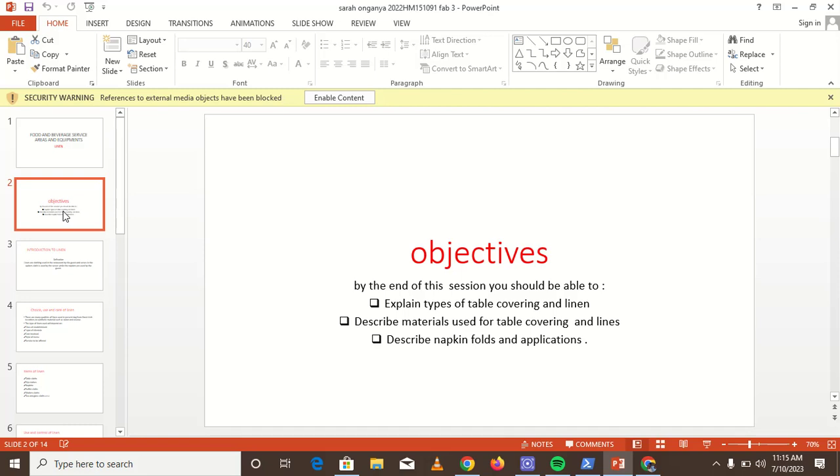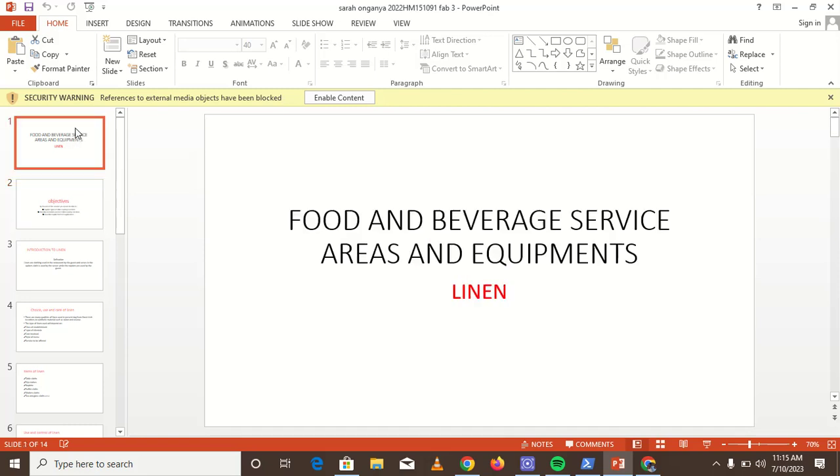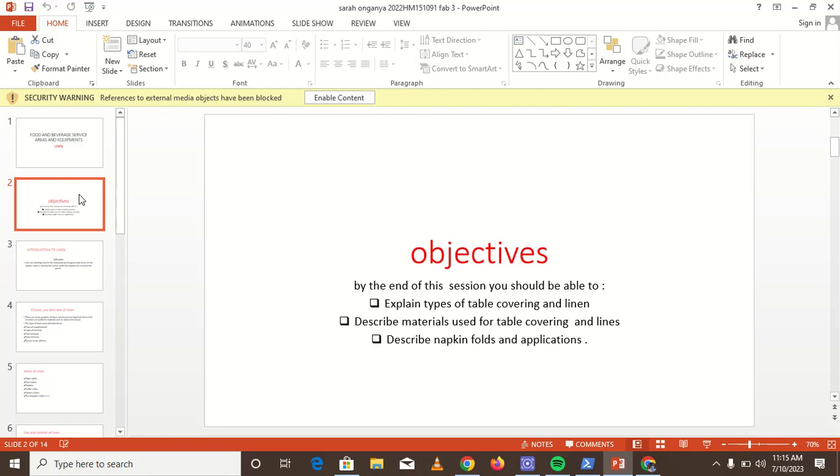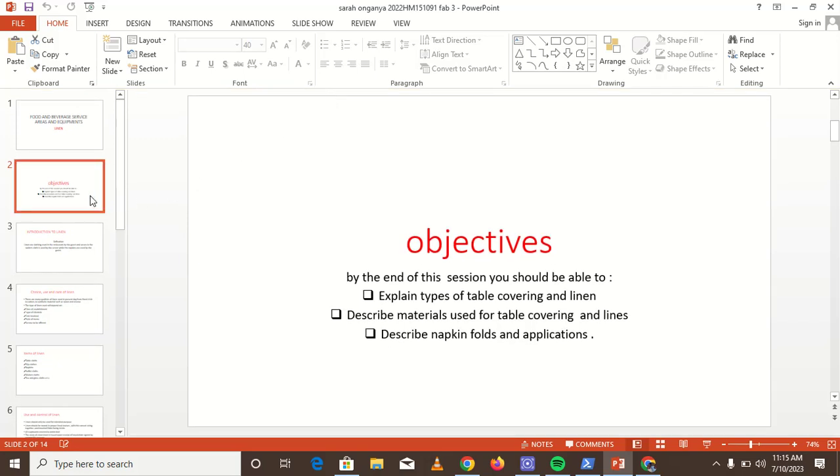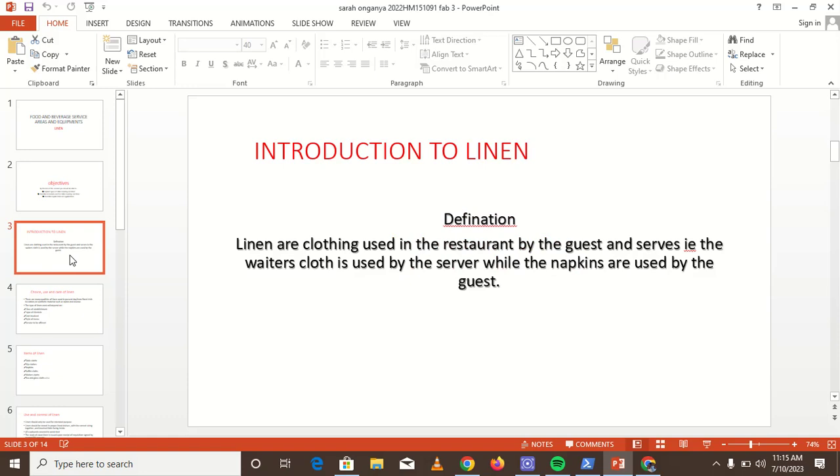We are only seeing the first, food and beverage. No, mwalimu. Okay, just a moment. You're seeing them now? Yes, we can see them.